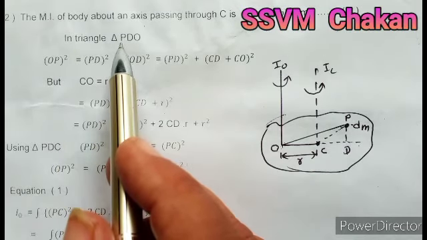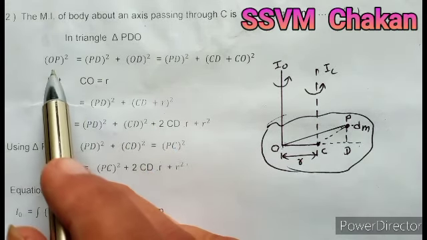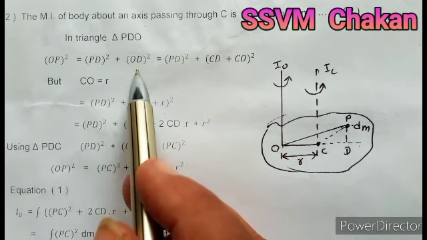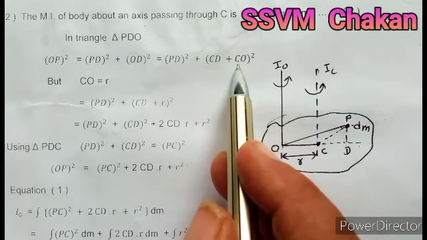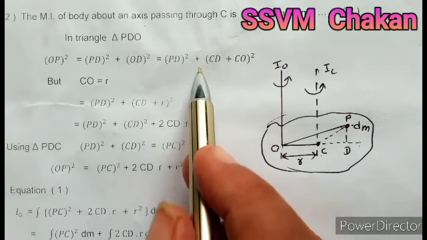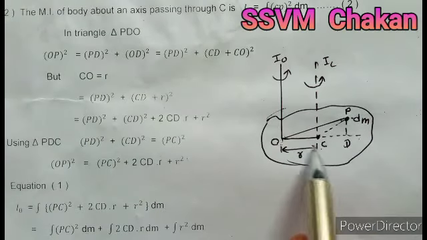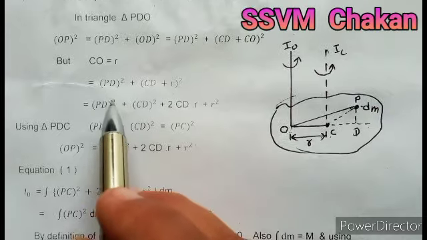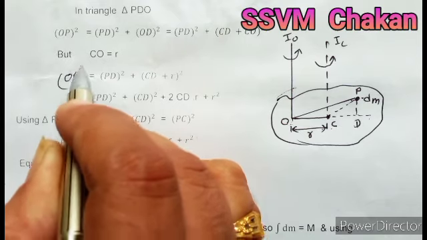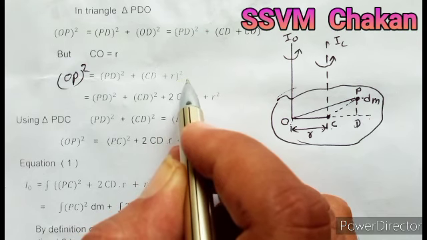Consider the triangle PDO and use the Pythagoras theorem. Using the Pythagoras theorem, OP square is equal to PD square plus OD square, but OD is nothing but CD plus CO. So PD square plus, inside bracket, CD plus CO, bracket square, but CO is nothing but R, so CO is equal to R. OP square is equal to PD square plus CD plus R whole bracket square.